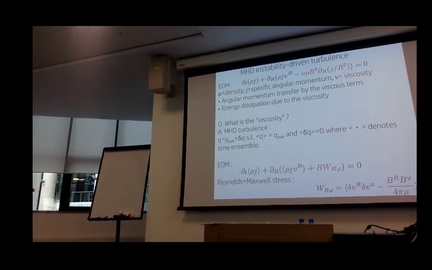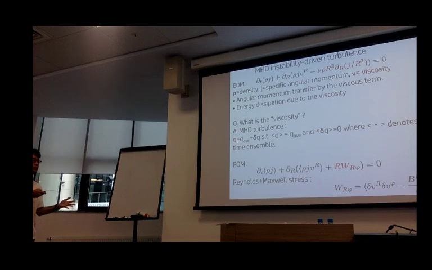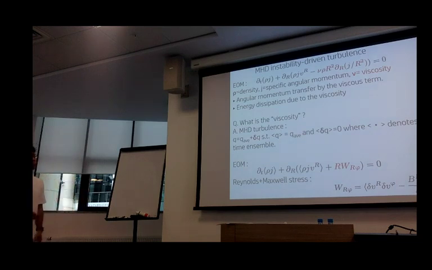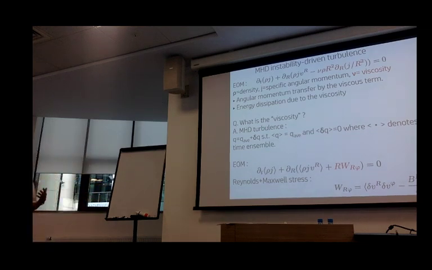If you write the physical quantity q as composed of the q average plus a fluctuation term, where the average denotes the time ensemble, the ensemble average of q corresponds to the q average, and that of the fluctuation vanishes. If you plug them into the equation of motion for magnetohydrodynamics, you come up with this term.